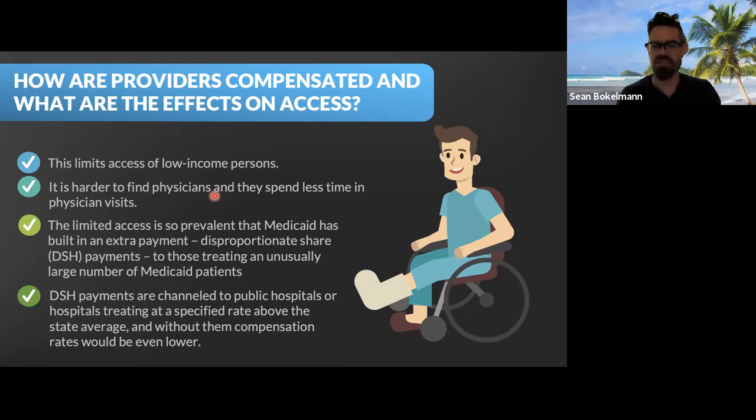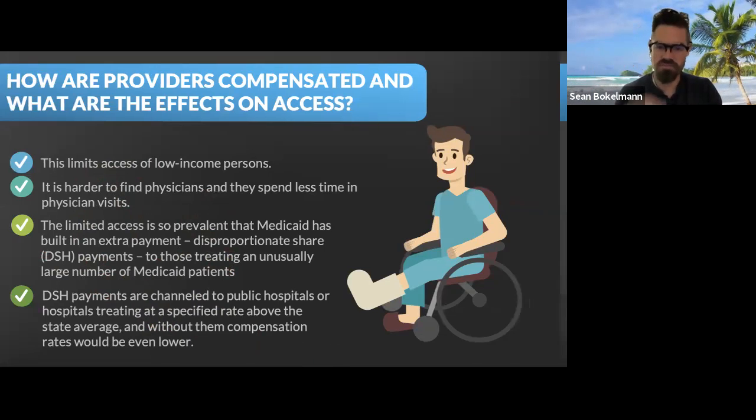Without these payments, compensation rates would be even lower than they are. But this was a way to combat this access limitation issue, and I think the effect was successful. It got more physicians and hospitals to accept Medicaid patients, and it may have even lengthened the duration of a physician visit.